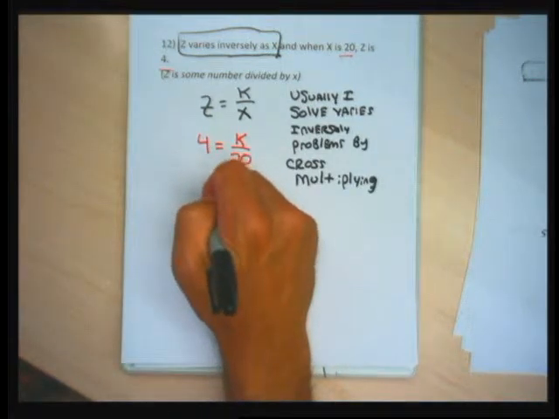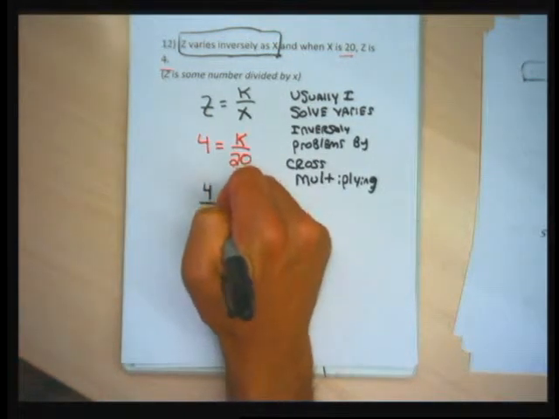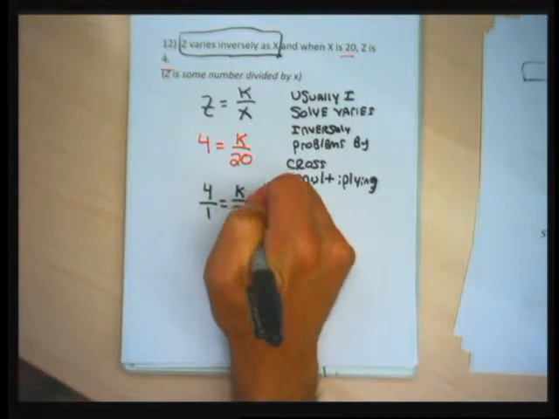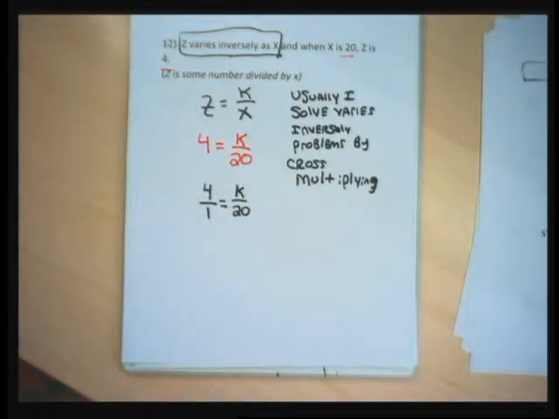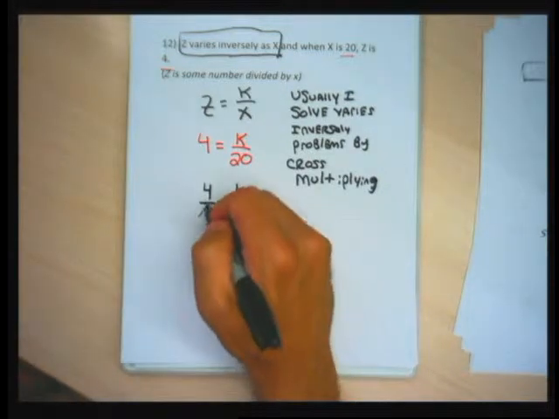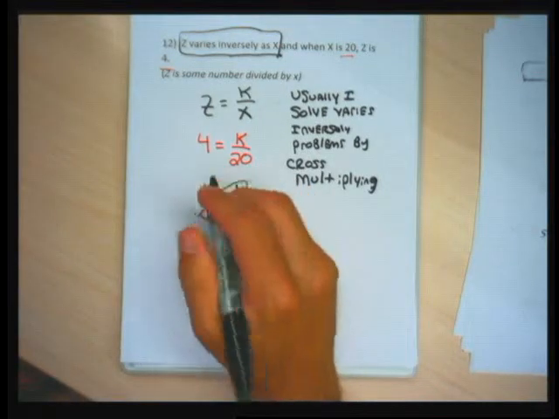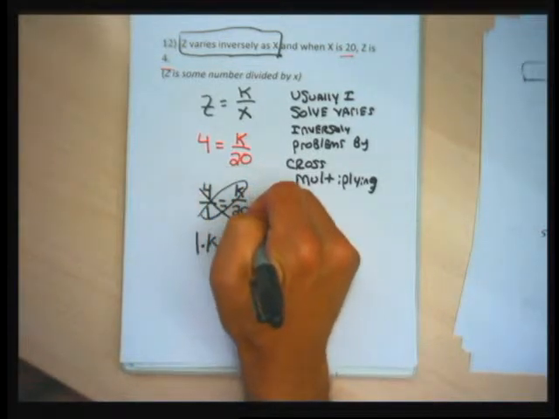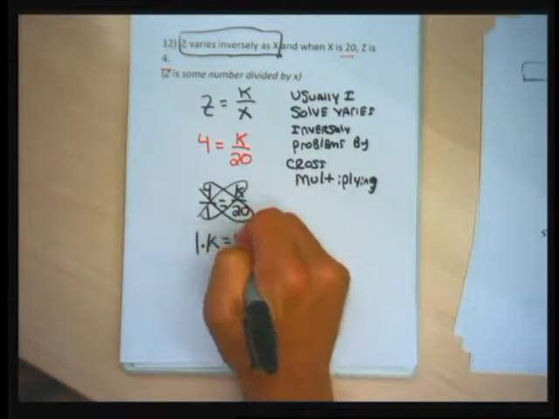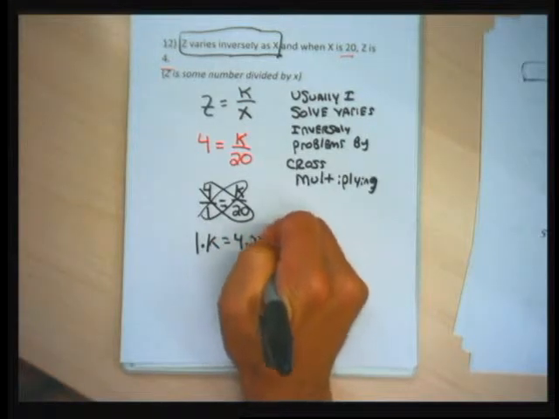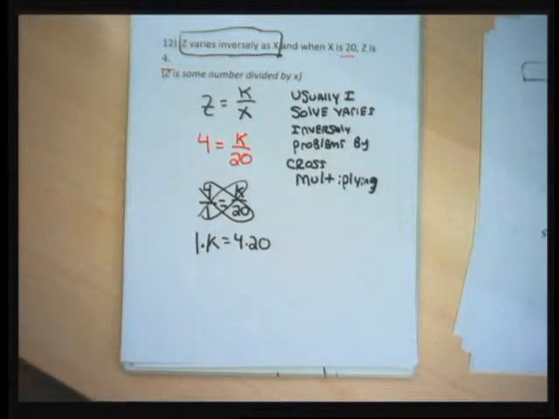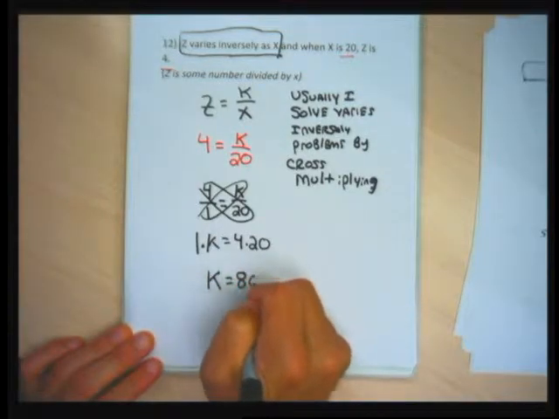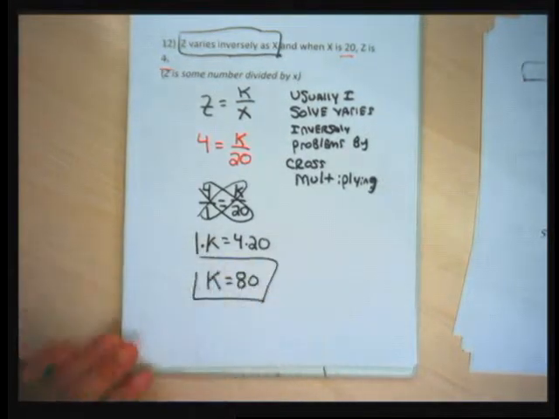So I'm going to force myself to do a little bit of algebra by writing the 4 as a fraction, putting it over 1, and that sets me up for cross-multiplying. I'll multiply up and get 1 times k, and I'll cross-multiply down and get equals 4 times 20, and then that'll give me k equals 80. And that's the whole answer to problem 12.